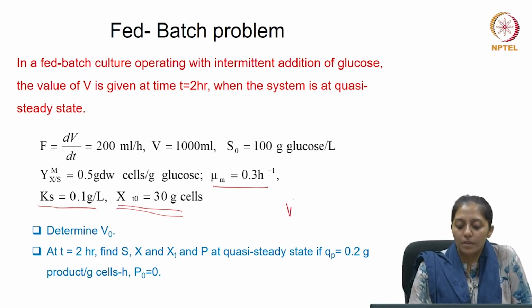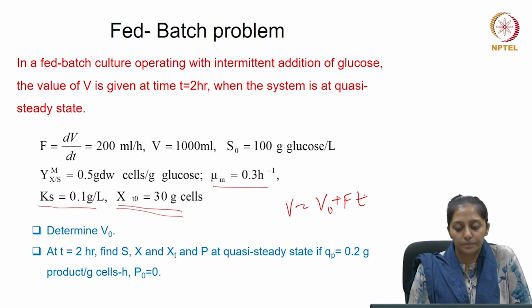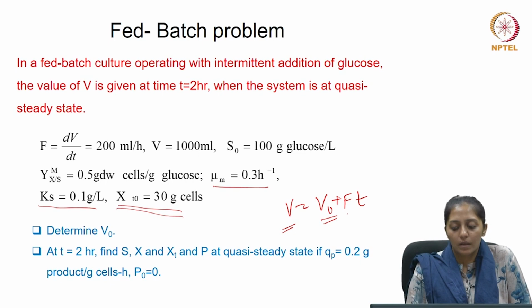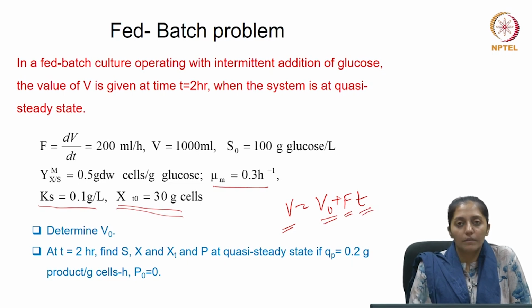So we know V equals V naught plus Ft. V is given to us. We need to find out V naught. F is known, and T is given as 2 hours, at which the volume V is also known.